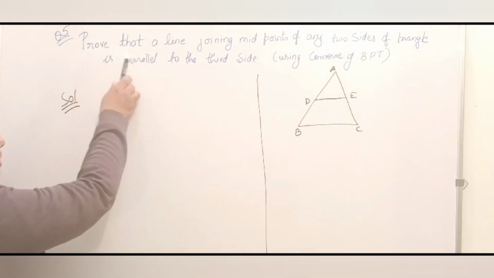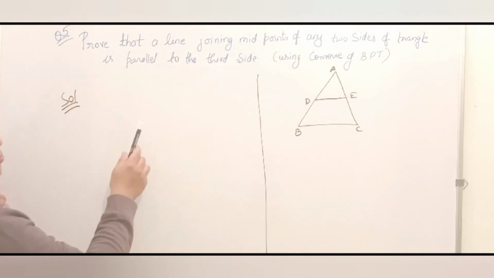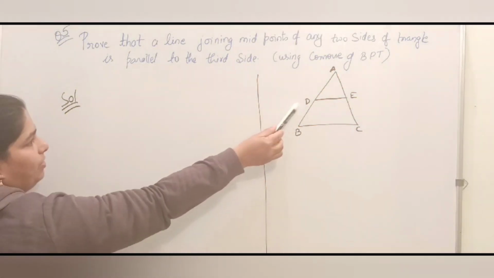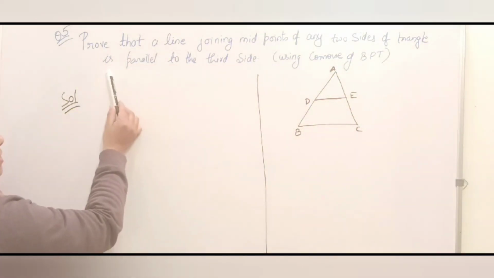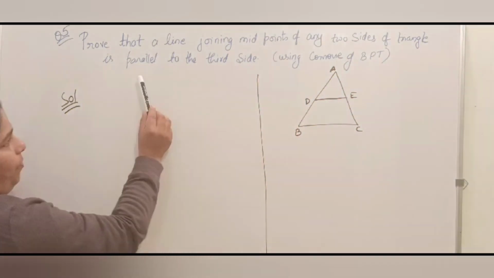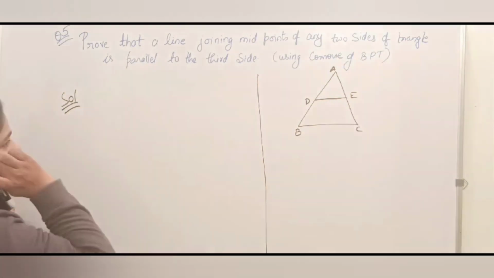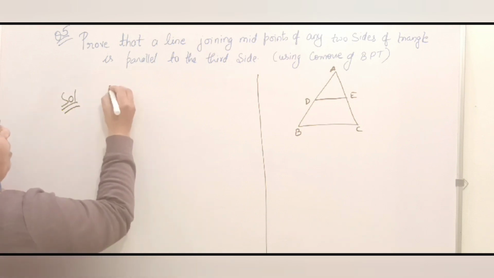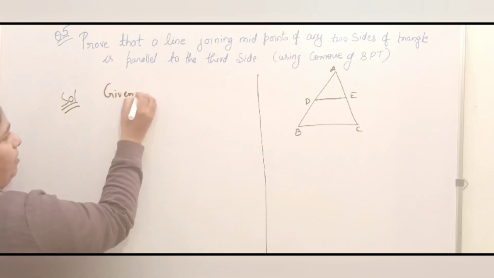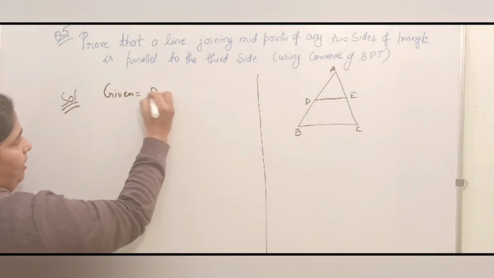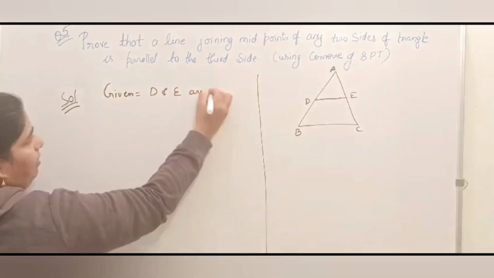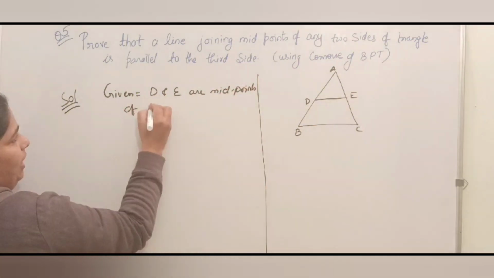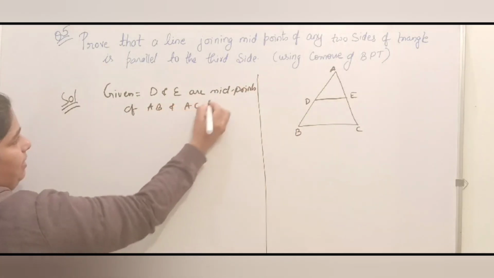Here we have to prove that a line joining the midpoints of any two sides of a triangle, that means a triangle ABC, the midpoints are D and E, we have to prove that the line formed by joining these midpoints is parallel to the third side. That means we have to prove DE is parallel to BC using the converse of BPT. Now, what is given in the question? That D and E are midpoints of AB and AC.